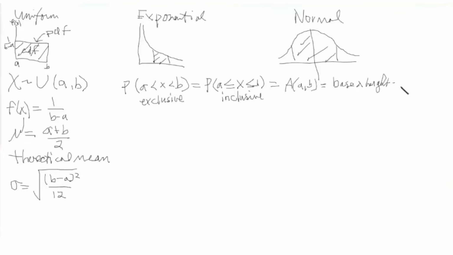So your base is going to be your larger number B minus the smaller number A, multiplied by the height, which is your probability function. So that's 1 over B minus A. And as you can see, if we're doing the whole graph, that's all going to equal 1. Okay, any questions so far?